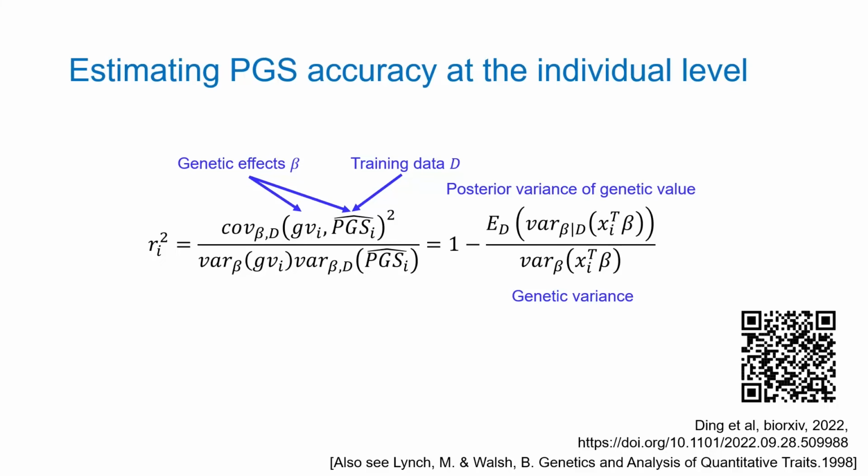You can write it down under a Bayesian approach; you can read more about it in a preprint that we put out. Essentially, you take the posterior variance of the genetic value divided by the heritability, and that gives you an estimated R squared for every individual.